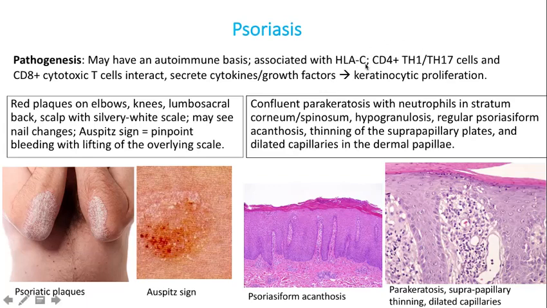It's thought to be a helper T cell Th1 Th17 interaction with CD8 positive cytotoxic T cells. And as these T cells interact, they secrete cytokines such as interferon gamma and tumor necrosis factor, and also growth factors, which cause keratinocytes to proliferate.